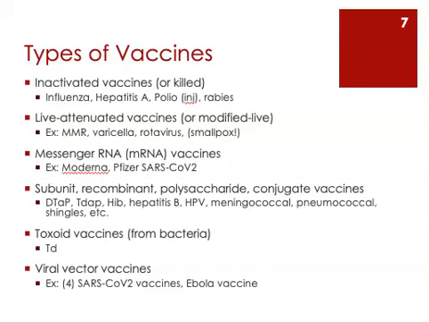But here's another big advantage to viral vector vaccines compared to RNA vaccines. RNA vaccines have to be kept at an extremely low temperature, about -80 degrees Celsius, very, very cold.